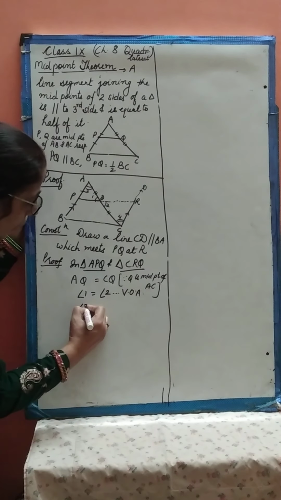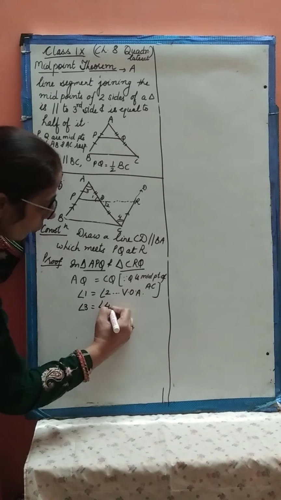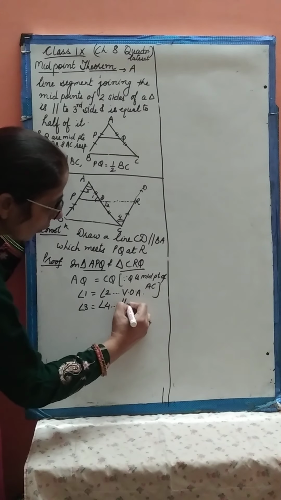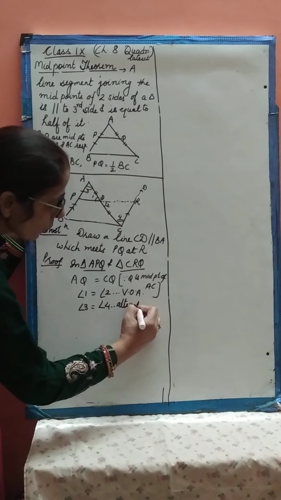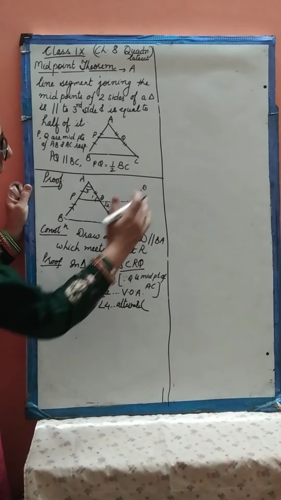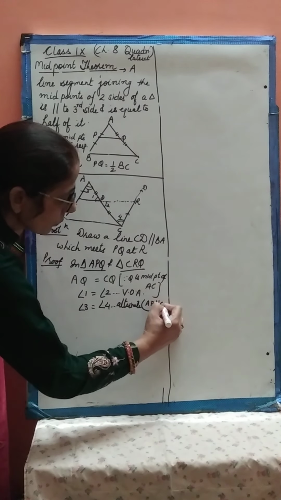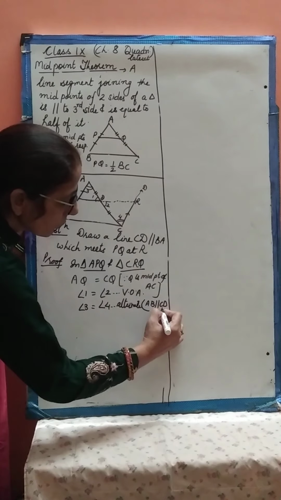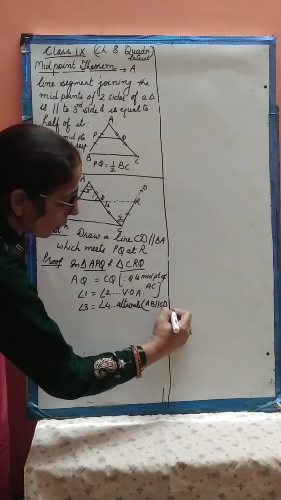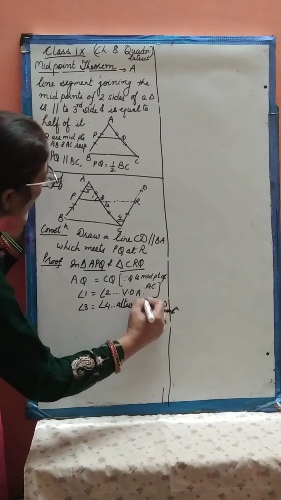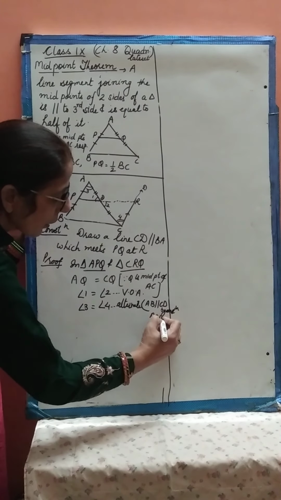Why are they alternate? I just told you that AB is parallel to CD by construction, and AC is transversal, right?